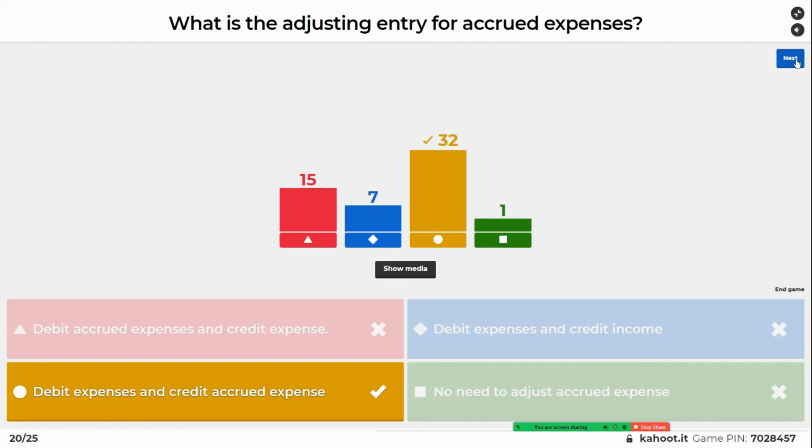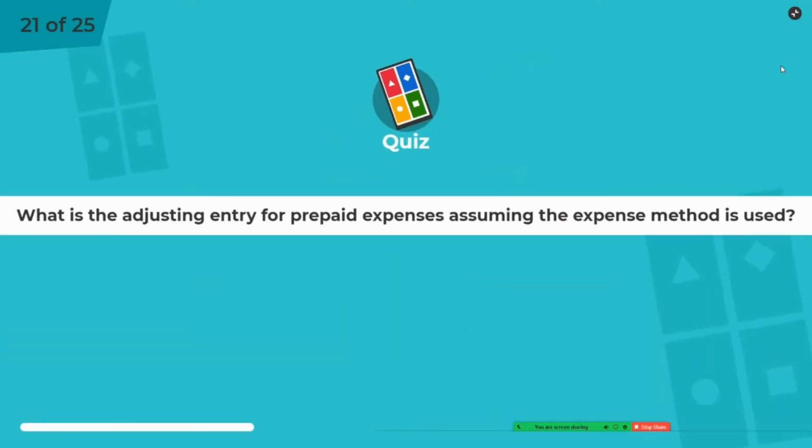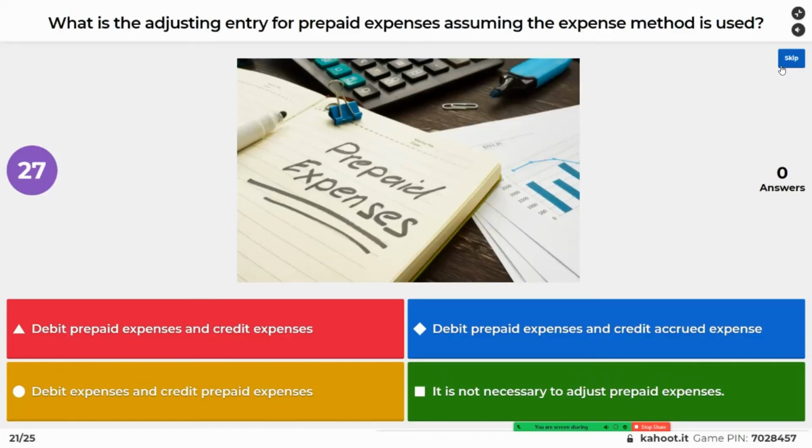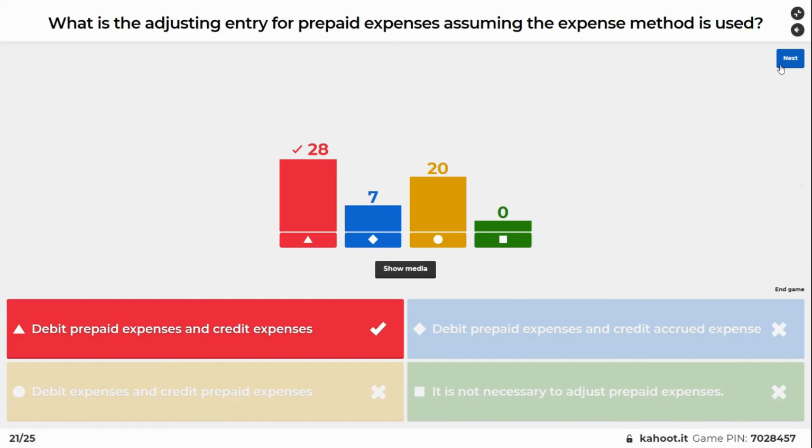So that's your liability. Down to our last 5. What is the adjusting entry for prepaid expenses assuming the expense method is used? Okay, so it's a debit to prepaid expense and credit expenses.